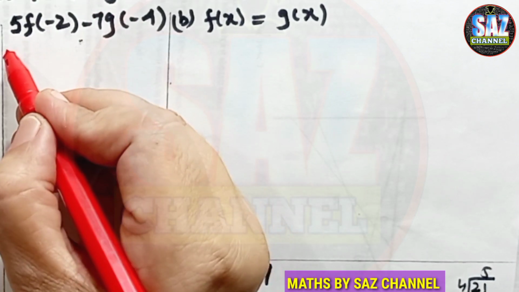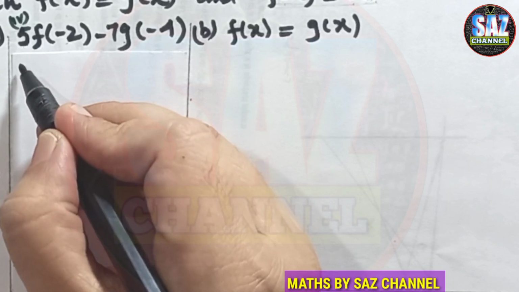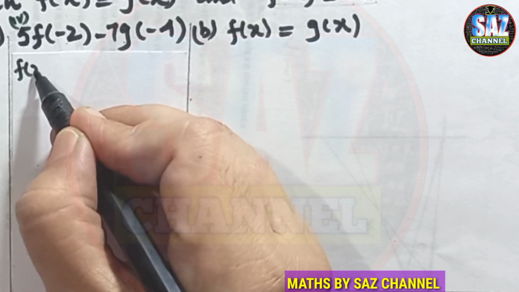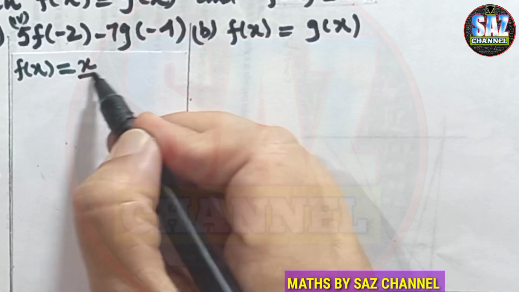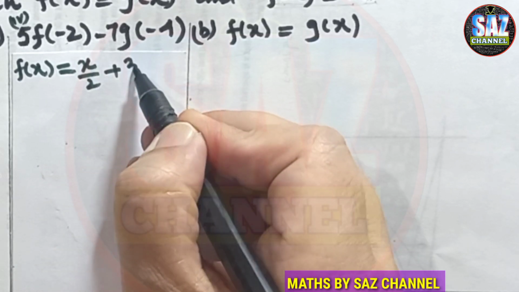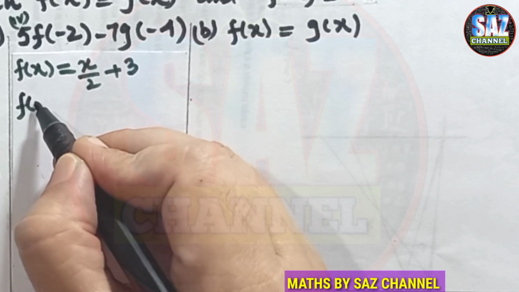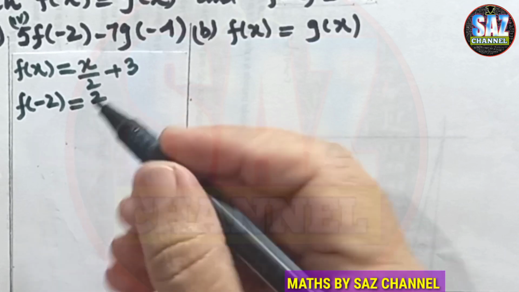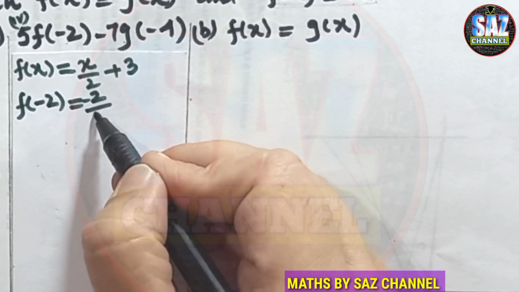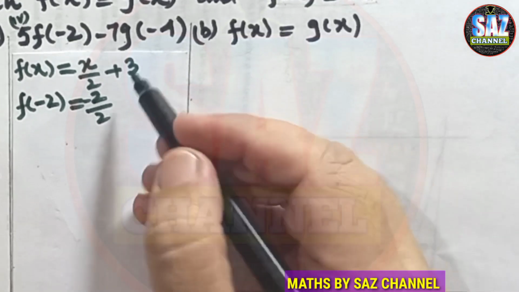So let's take the function f of x. The function f of x is x by 2 plus 3. Now I have to evaluate it at minus 2. So instead of the variable, I will replace it with minus 2, minus 2 by 2 plus 3.